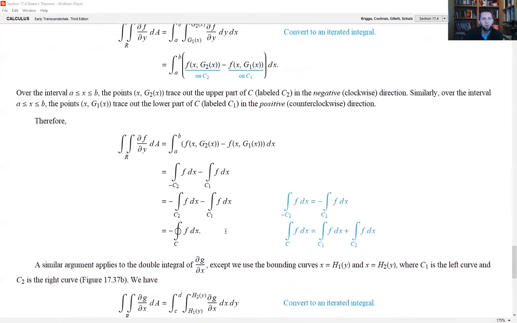So therefore, we get that the double integral of the partial of f with respect to y dA is the integral from a to b of f of x comma g2 of x, minus f of x comma g1 of x, all with respect to x, which we could write now as line integrals.